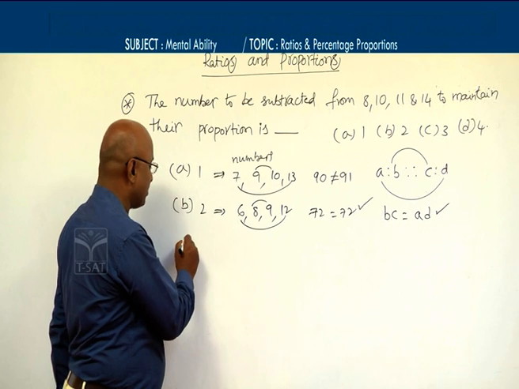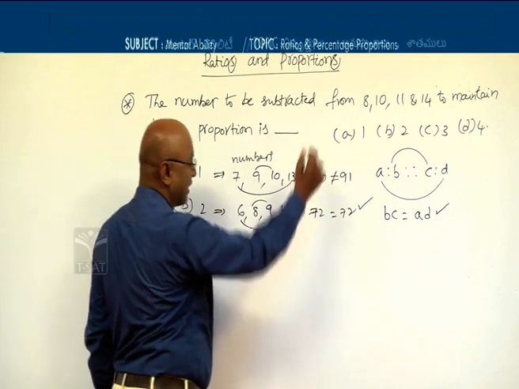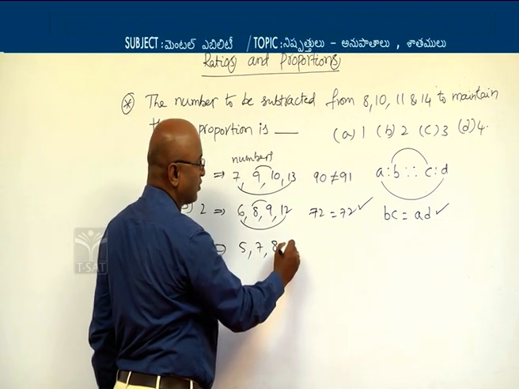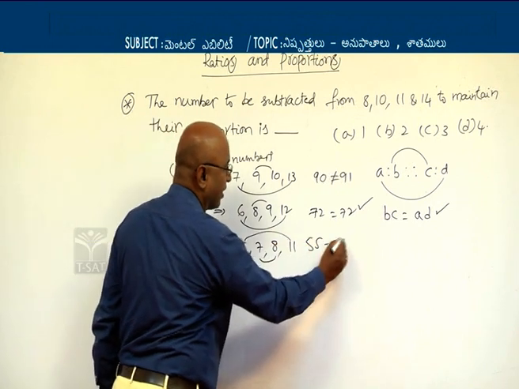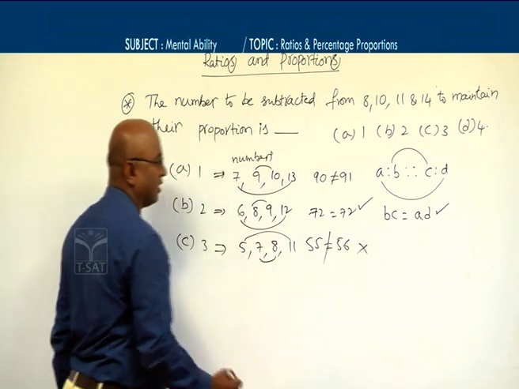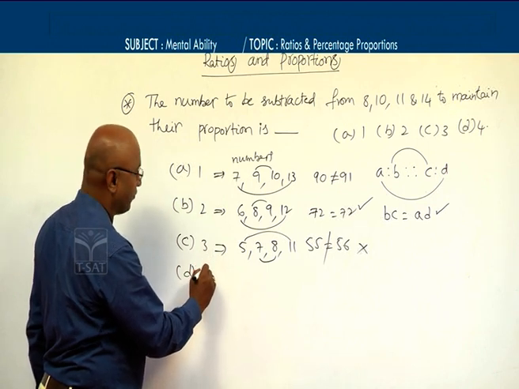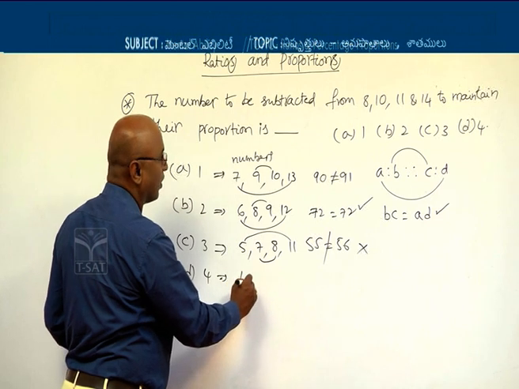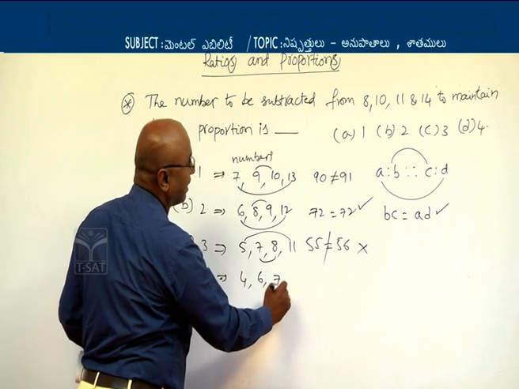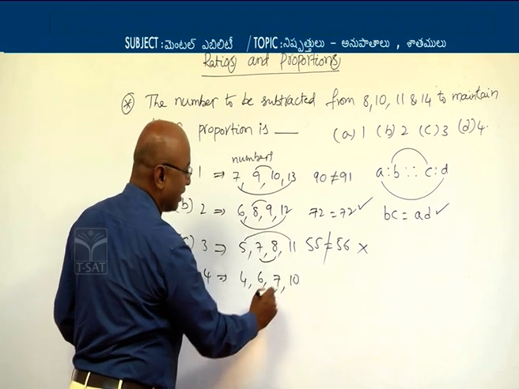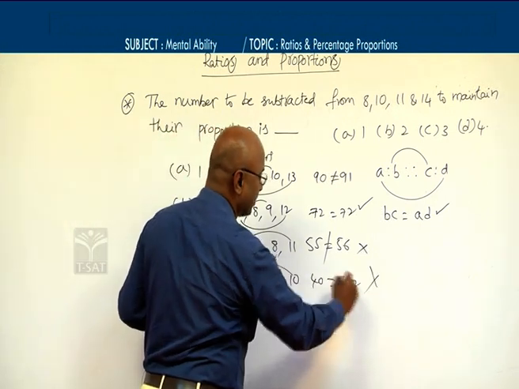Similarly, if we take option C equal to 3, 8 minus 3 is 5, 10 minus 3 is 7, 11 minus 3 is 8, 14 minus 3 is 11. Now 11 5s are 55, 7 8s are 56. So it is also a wrong option. And if we subtract D, which is 4: 8 minus 4 is 4, 10 minus 4 is 6, 11 minus 4 is 7, and 14 minus 4 is 10. 4 10s are 40 and 6 7s are 42. So it is also wrong.